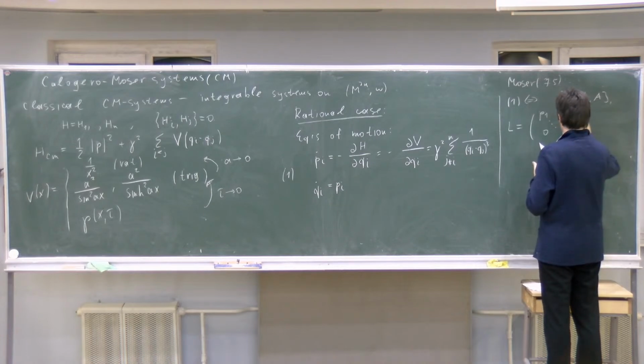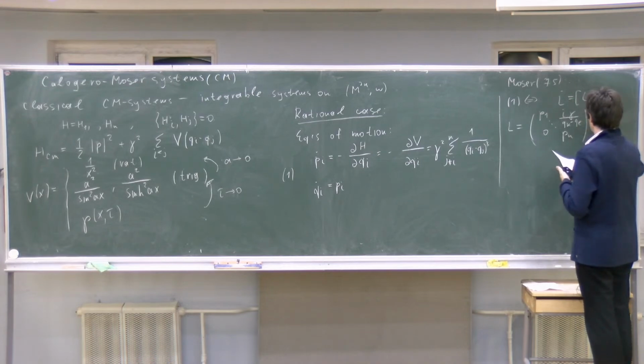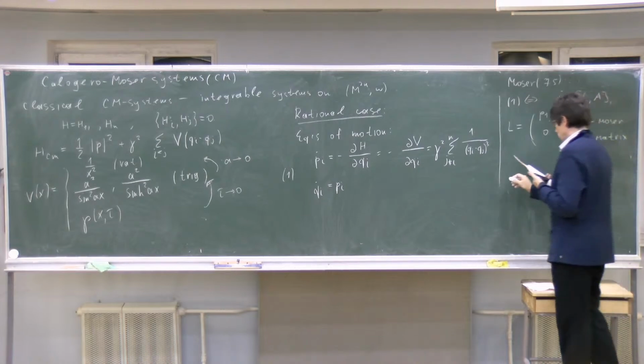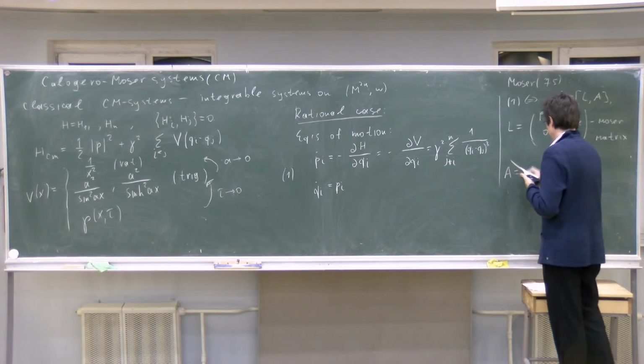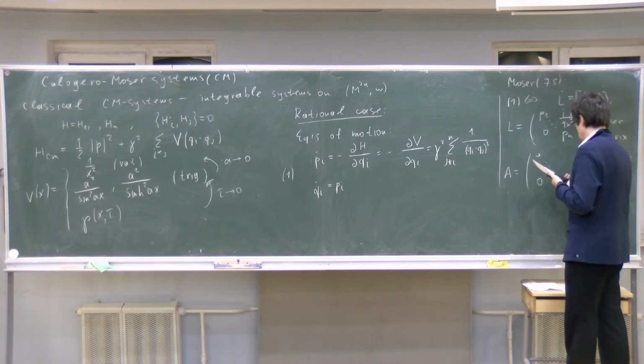where L is a so-called Moser matrix. And here we should put i gamma over (q_k minus q_l) at the kl place. It's a Moser matrix, and A is just a matrix.